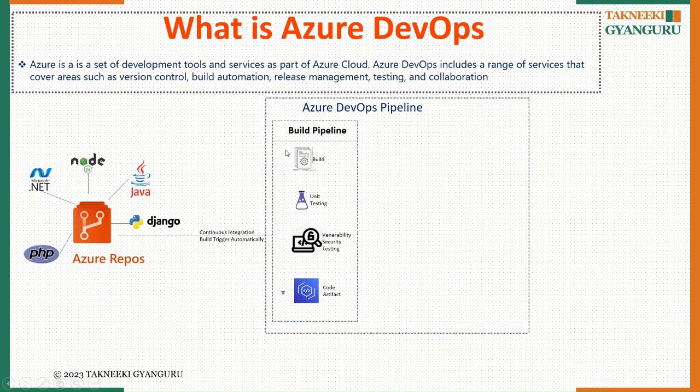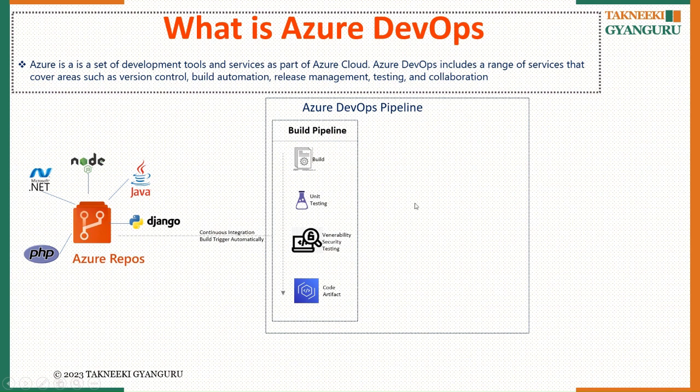Here you can see it will start the process from building code, unit testing, vulnerability and security testing, and then the code artifact. So all this will be done if we have continuous integration and the build triggers automatically. It will automatically pick up and do these processes, right? So once the build pipeline is done, that is called continuous integration.